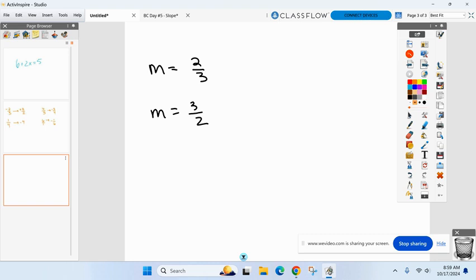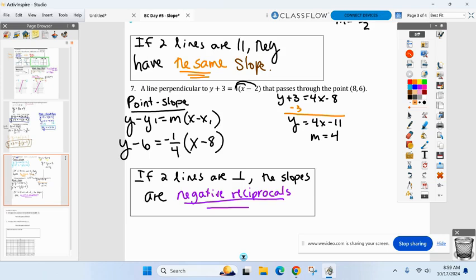No, the slopes aren't equal. Are they perpendicular? Slopes aren't negative reciprocals. Just because I flipped it doesn't mean anything. They have no relationship. All right, good. They have no relationship. They got to be equal to be parallel, and they got to be negative reciprocals to be perpendicular. Questions there?